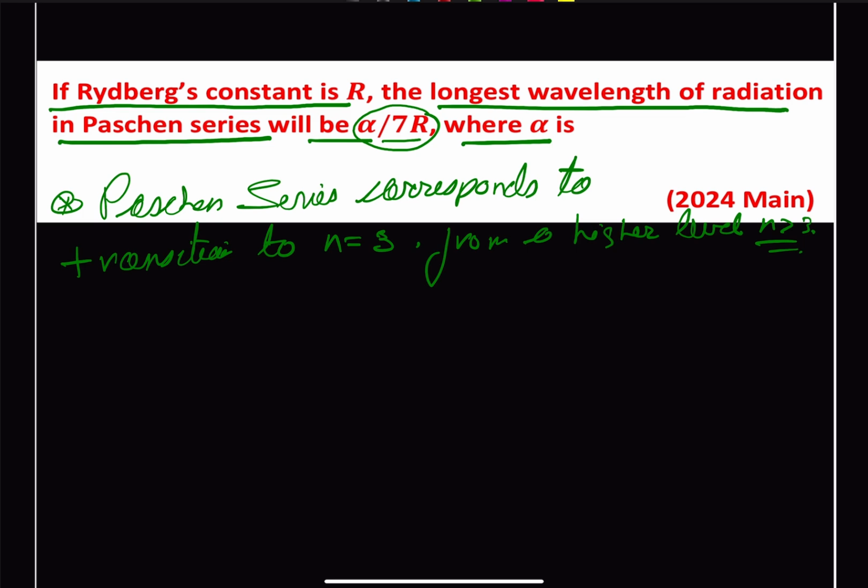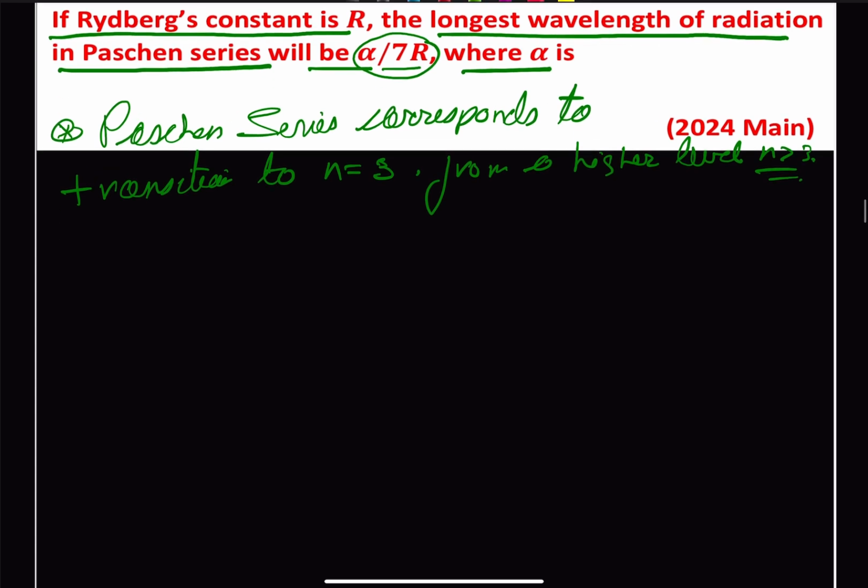And we have to find out the longest wavelength, and the longest wavelength corresponds to the smallest energy transition.